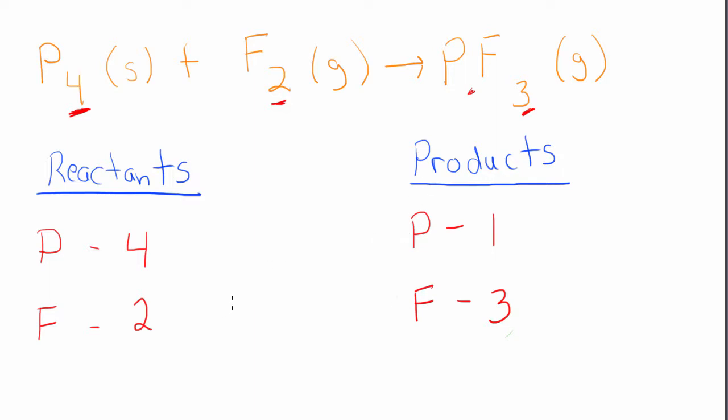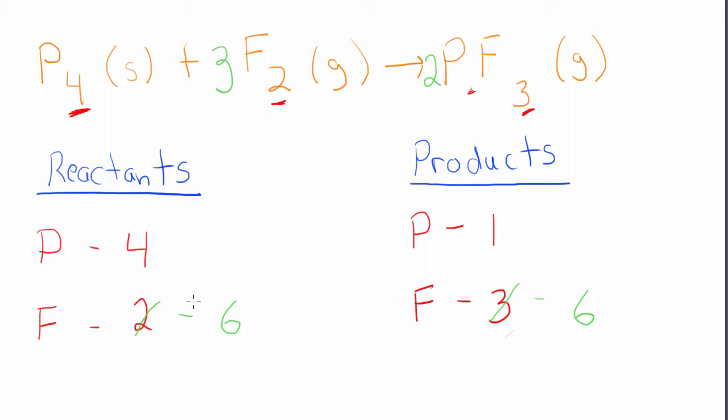So what I could do is multiply the fluorine in the reactants by 3. That will give me 6 altogether here, and then multiply the PF3 by 2. That gives me 6 fluorines altogether.